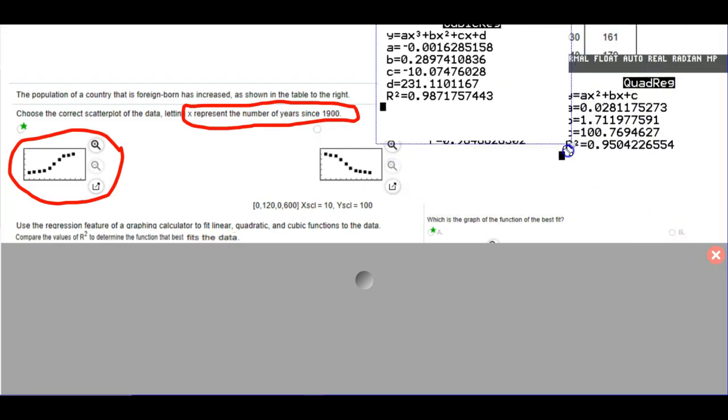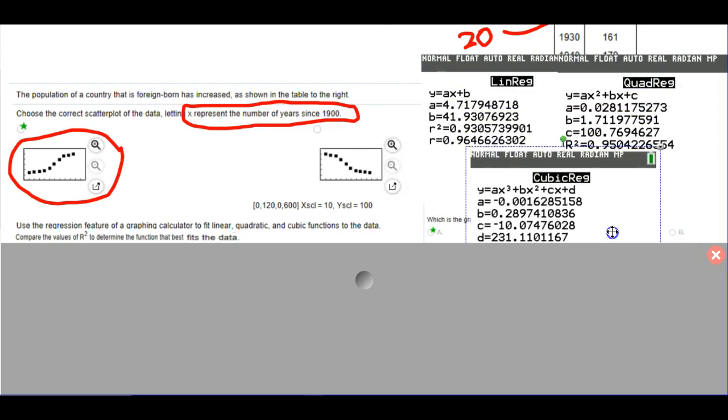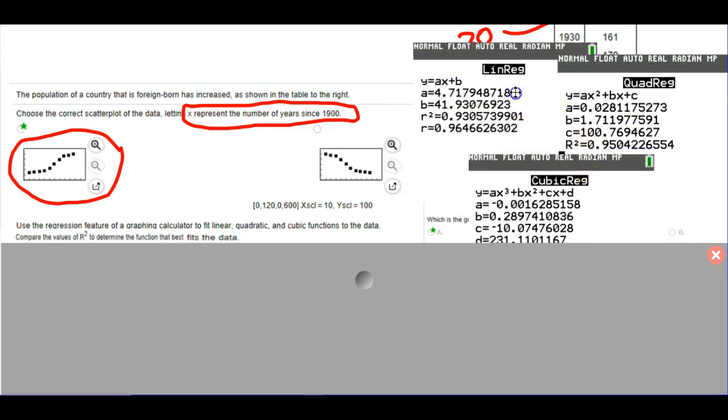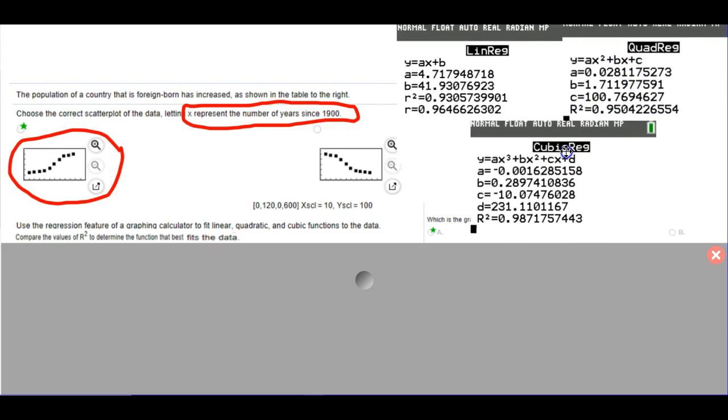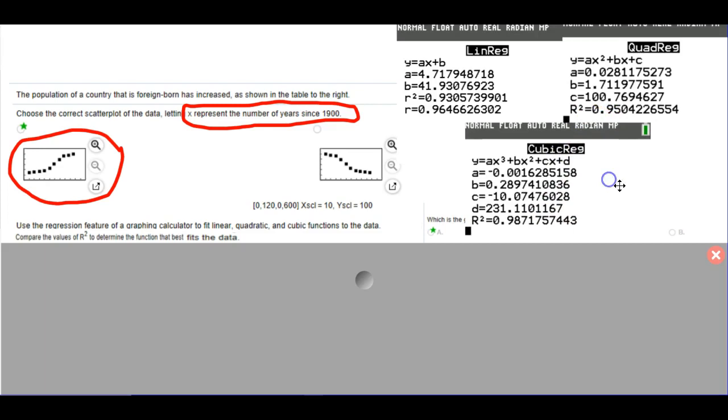And see, the last two are the reasons that we had to compare R-squareds on this, just because those two do not have R's on them, plain R's. So now we're looking at these three R-squareds, and we can see the winner is right here, the cubic.